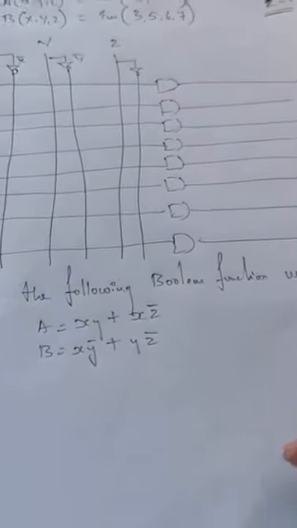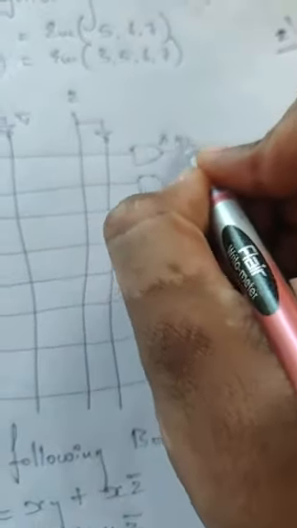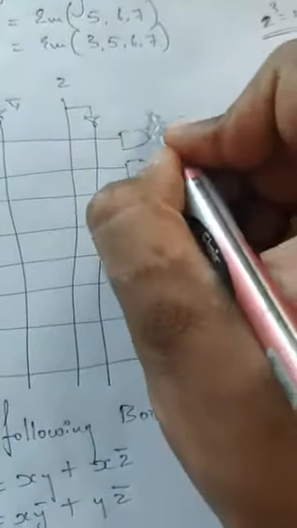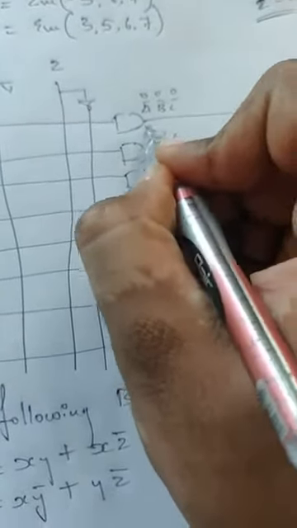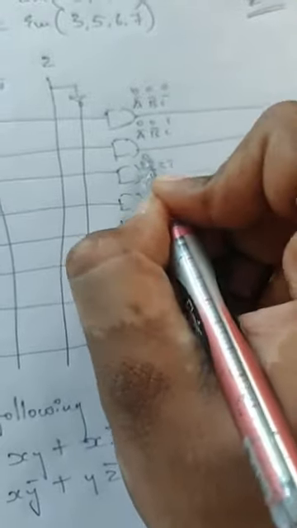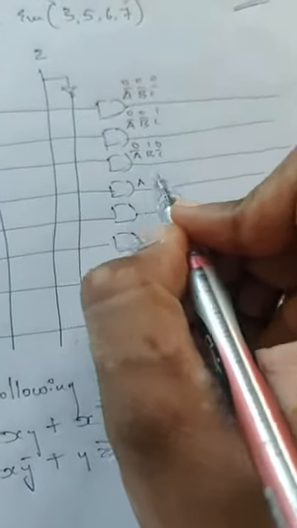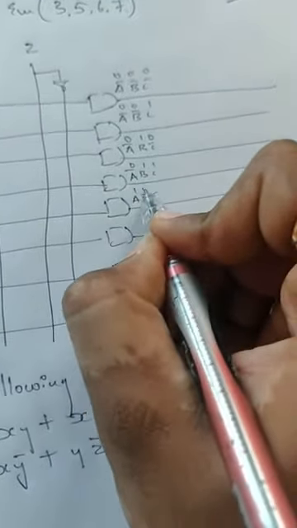Like this. The first one is A bar, B bar, C bar, like 0, 0, 0. A bar, B bar, C, like 0, 0, 1. A bar, B, C bar, 0, 1, 0. A bar, B, C, 0, 1, 1. A, B bar, C bar, 1, 0, 0.